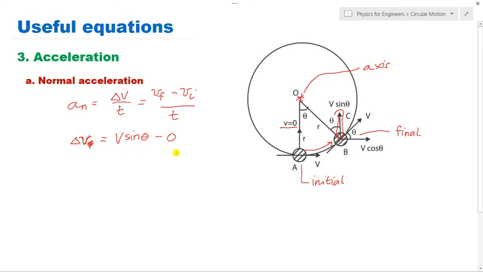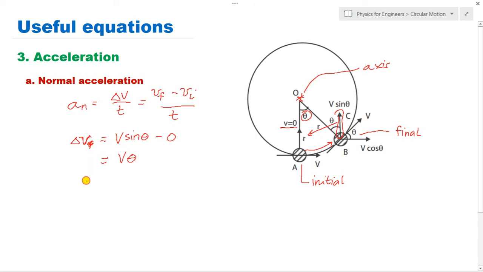And then we all know that if this sine theta is very small, or we just assume that the angular displacement theta is very small, the y component of our velocity is really directed towards the axis, meaning this one will come up here and become aligned with your axis. So therefore, we can just assume that the value of sine theta is just equal to theta, because for a small angle, the values of sine theta and theta become equal.